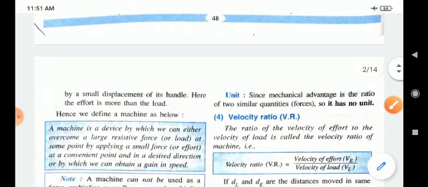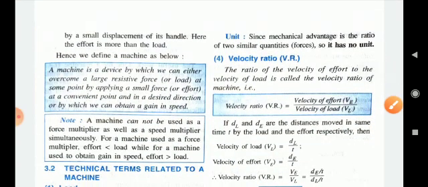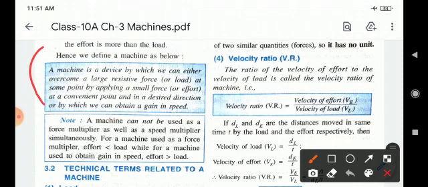Okay? Children, very important point, the definition of a machine. A machine is a device by which we can either overcome a large resistive force or load at some point by applying a small force or effort at a convenient point and in a desired direction, or by which we can obtain a gain in speed.